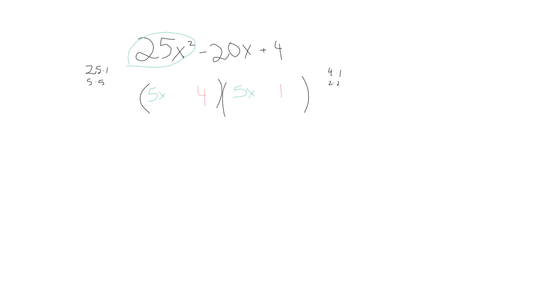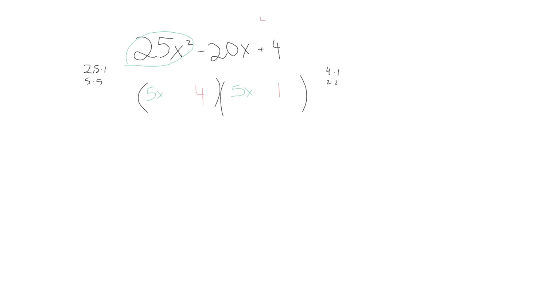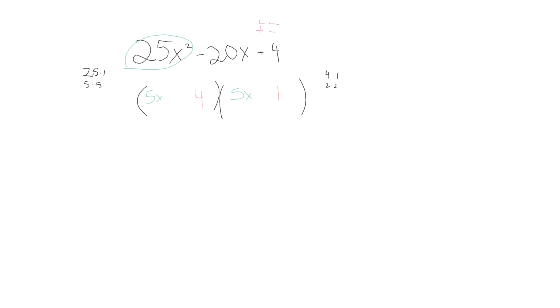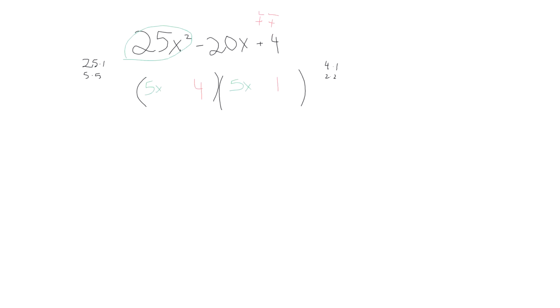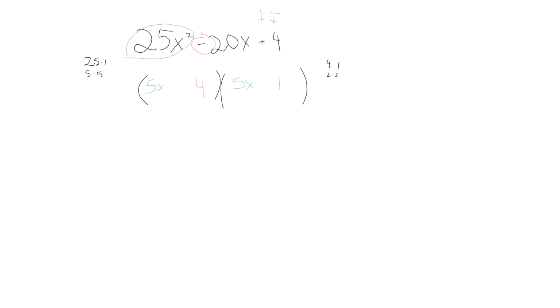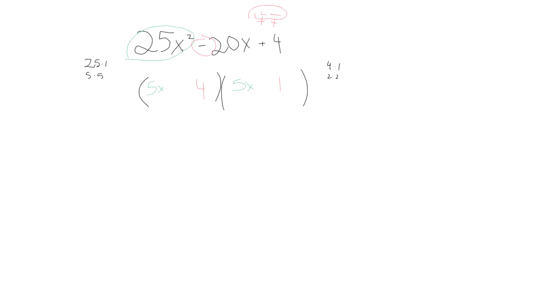My last sign is positive, so I'll either need 2 negatives or 2 positives. But my middle sign is negative. So I want to go with the 2 negative signs. The first one is good.